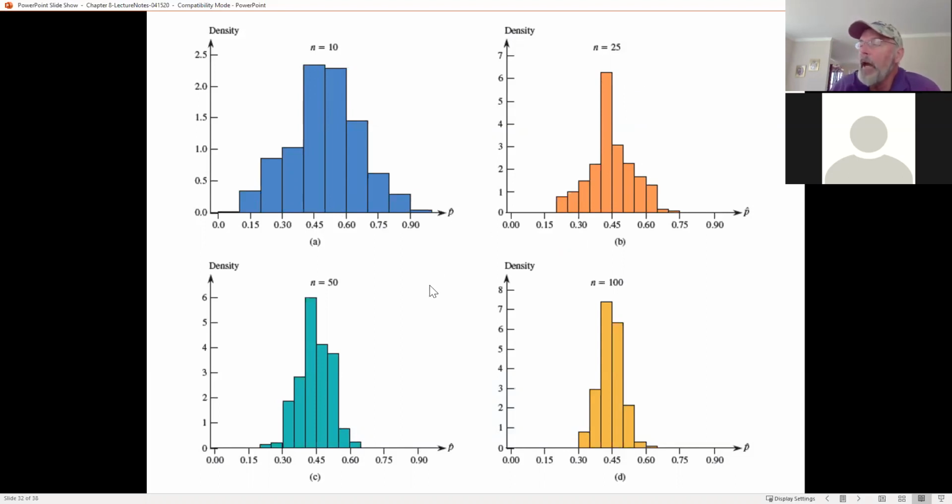And that's the same case when we bring it down to a sample size of 50 and a sample size of 100. The variability going across the x-axis here is getting smaller, more narrow, as the sample size increases from 25 to 50 and to 100.